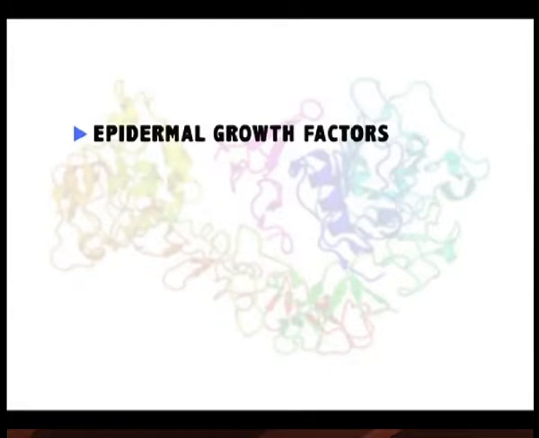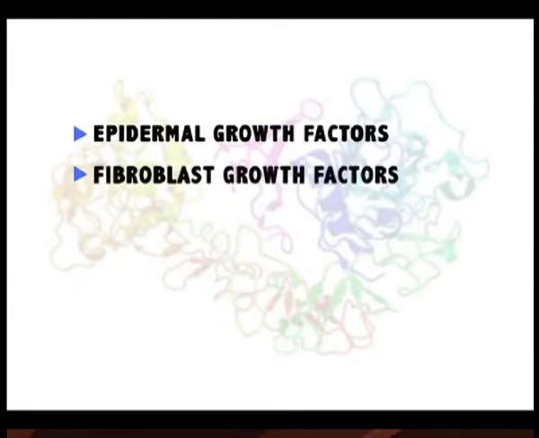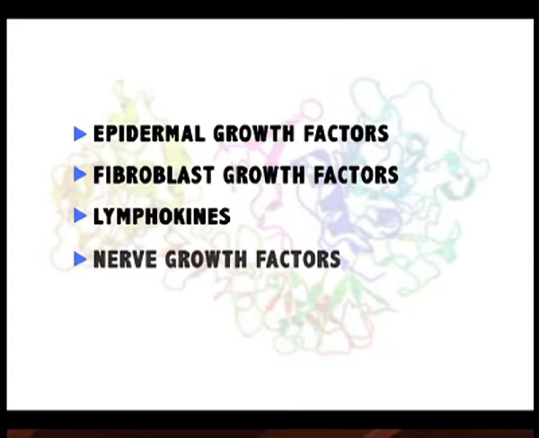If extracellular conditions are favorable and signals to grow and divide are present, for example, epidermal growth factors, fibroblast growth factors, lymphokines, nerve growth factors, etc., then cells in early G1 or G0 progress through a commitment point near the end of G1.